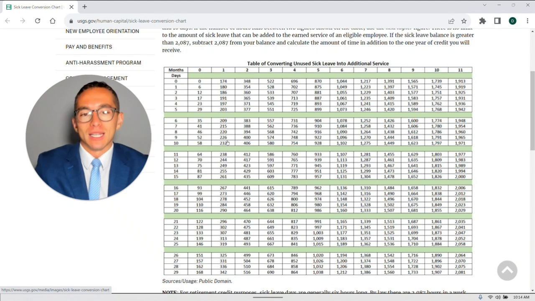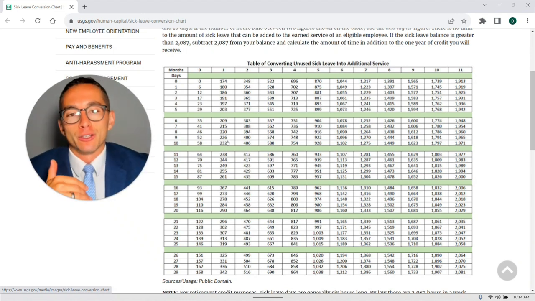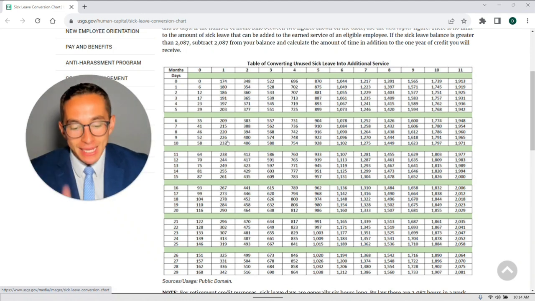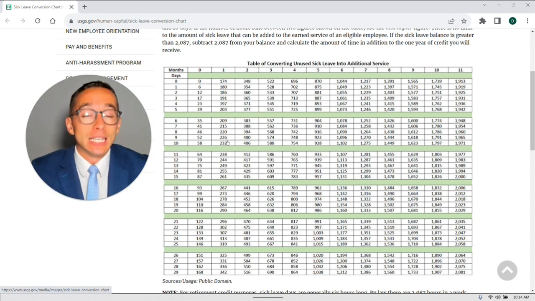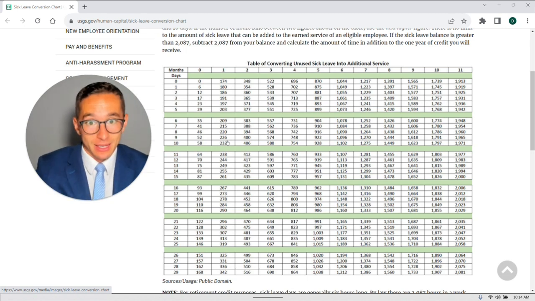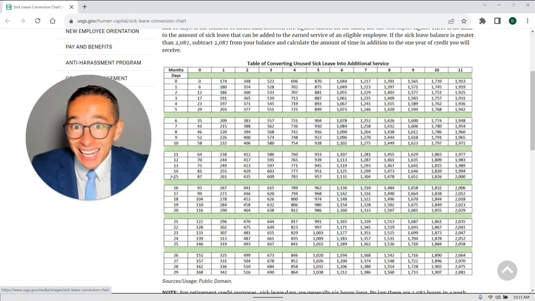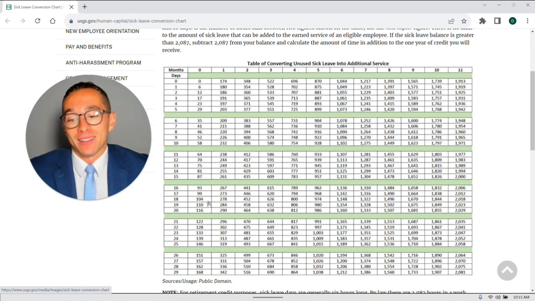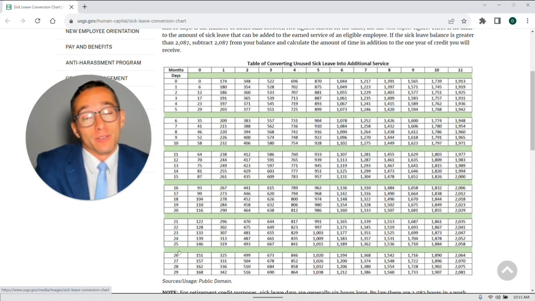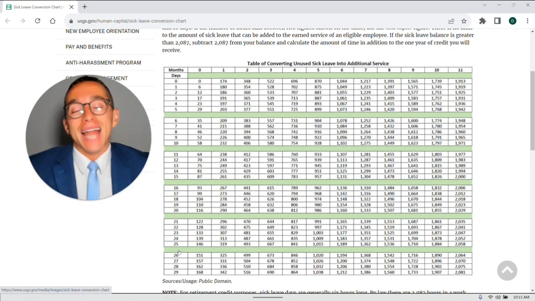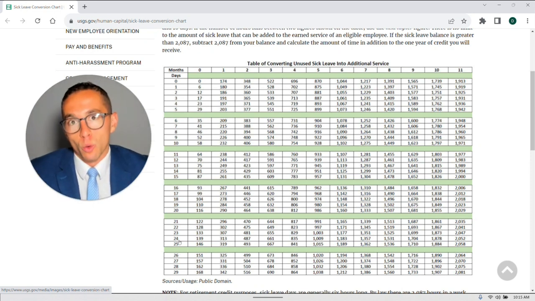Now, keep in mind, when it comes to sick leave and looking at months and days, basically 30 days equals a month. I know not all months actually have 30 days, but when it comes to unused sick leave, they use 30 days. So if you have 29 days left over at the end of the calculation, those all drop off. But if you have 30, boom, that adds in and will actually increase your pension.